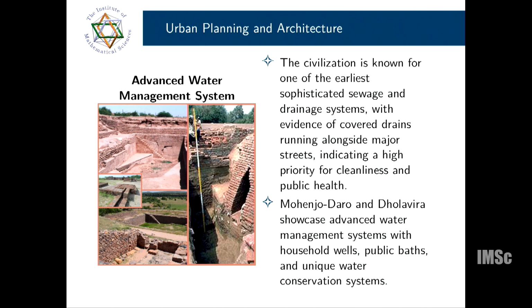If you see the drainage system, all the houses were connected by different drains, whether private houses or public places, and on top of that it was covered. That indicates they had some priority on cleanliness and public health, at least that is what we can understand.